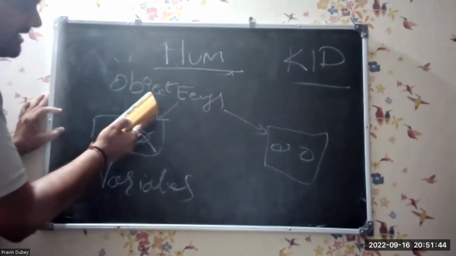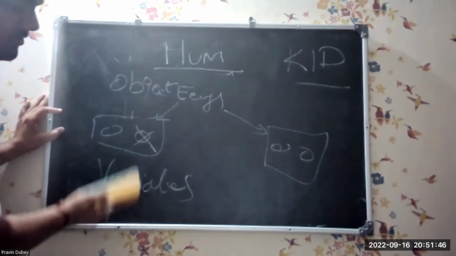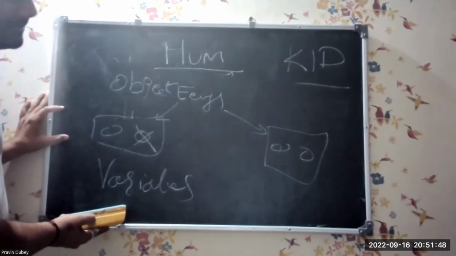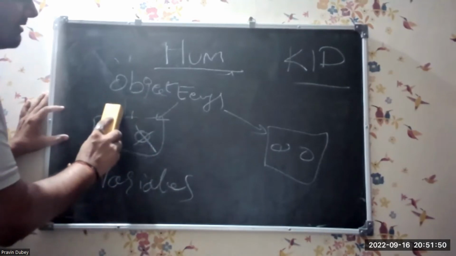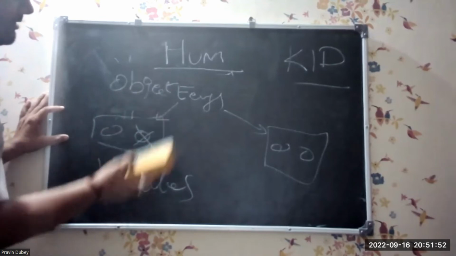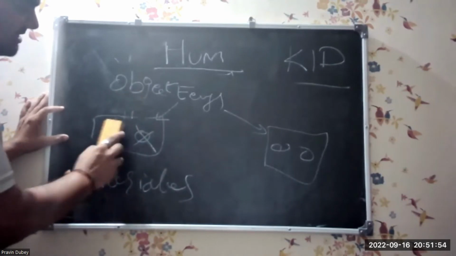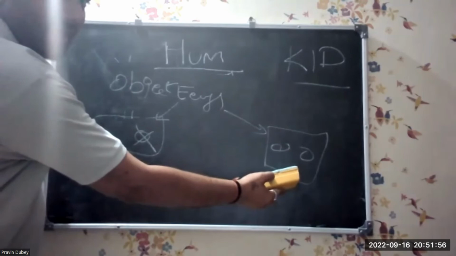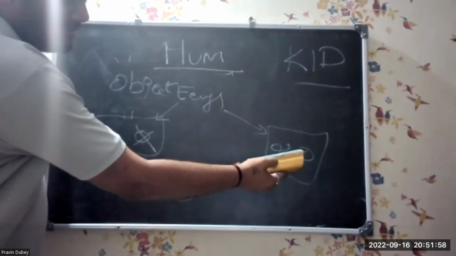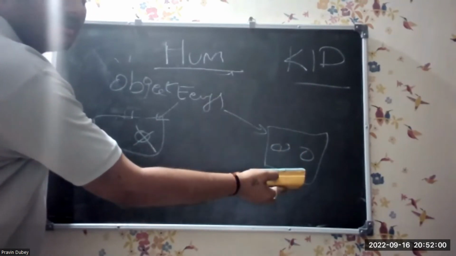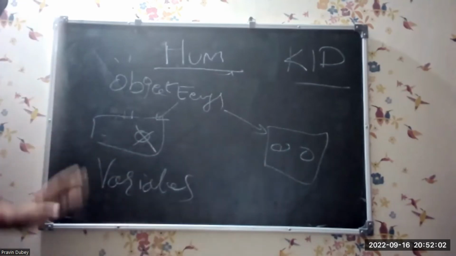Every object has its own copy of variables. So if the copy of variable of one object changes, it will not impact the copy of the variables of other object. Is that clear?